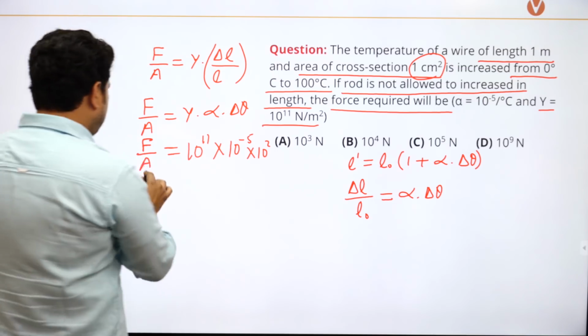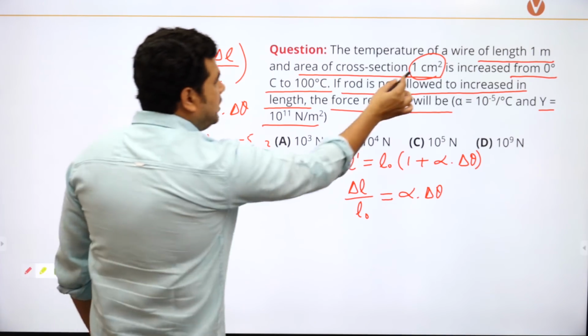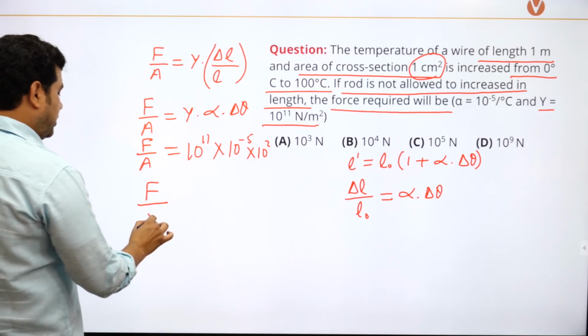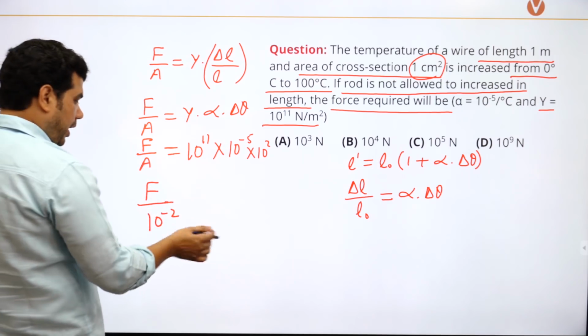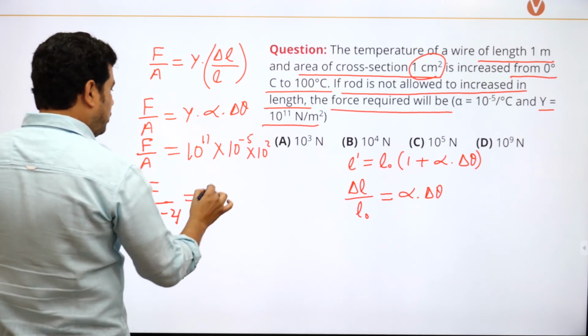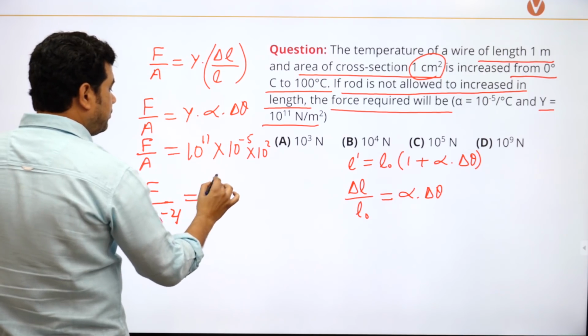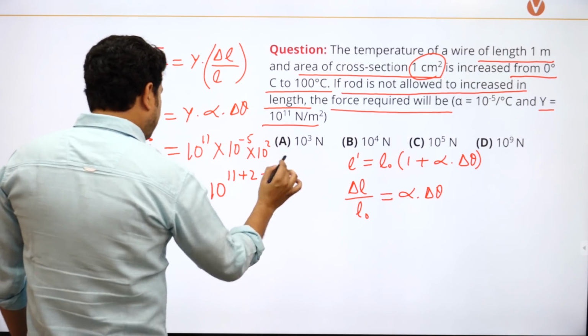So F upon A gives F, and A is given here as 1 centimeter square, that means 10 to the power minus 2 whole square, that's why it is minus 4. So it is 10 to the power 11 plus 2 minus 5.